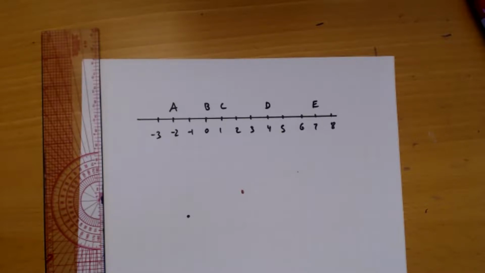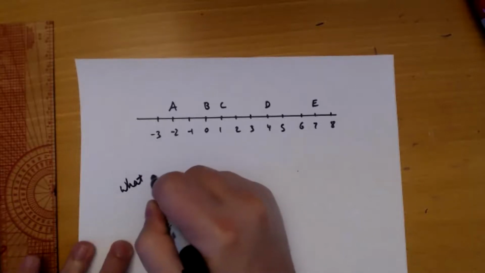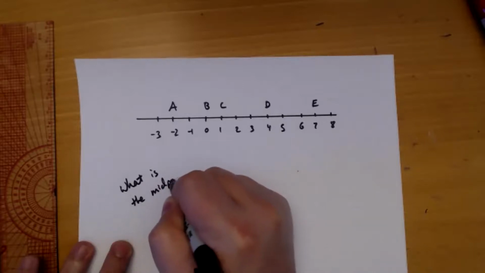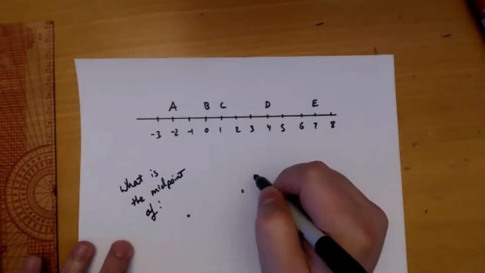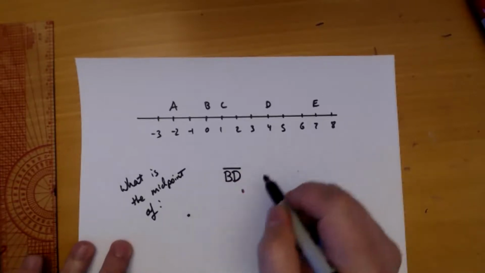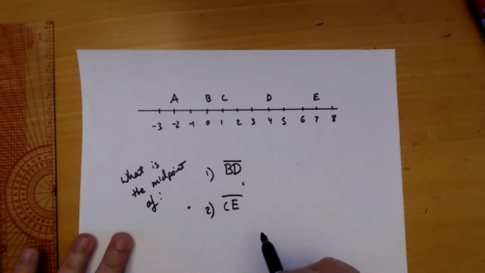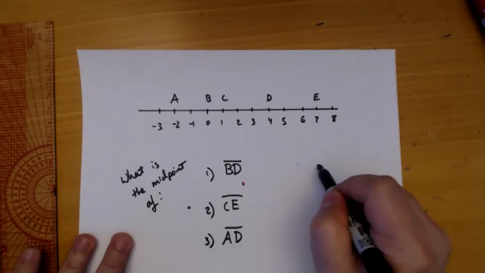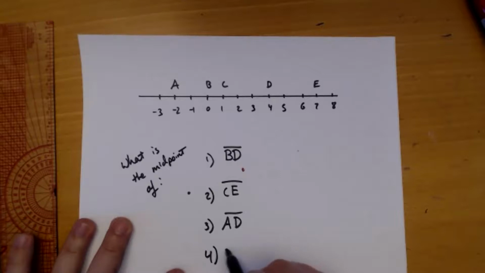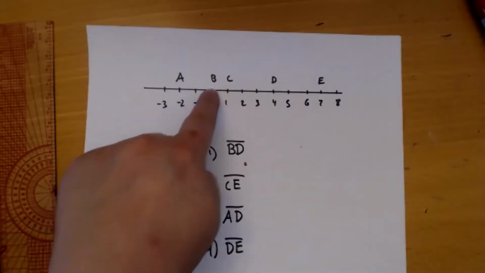And the question might be, and I could say, so what is the midpoint of the segment going from B all the way to D?